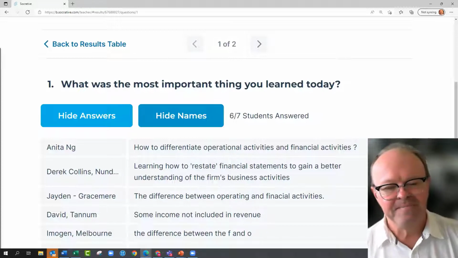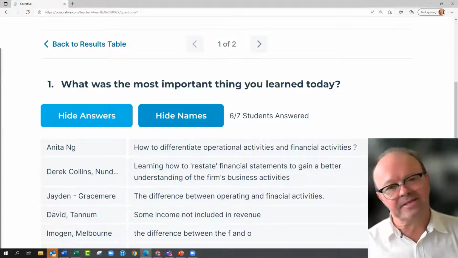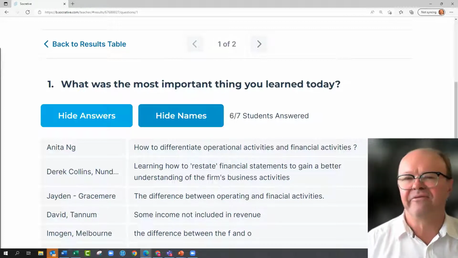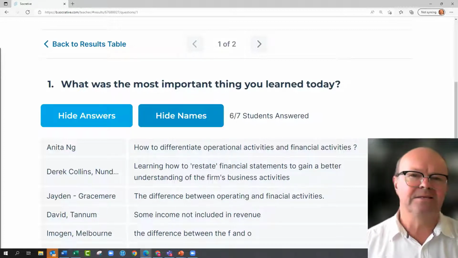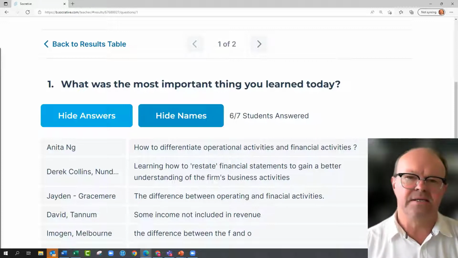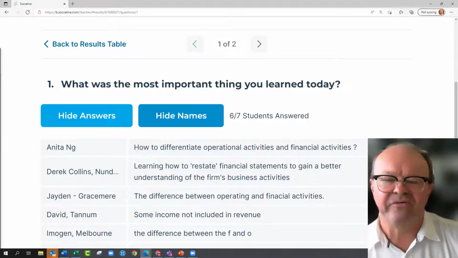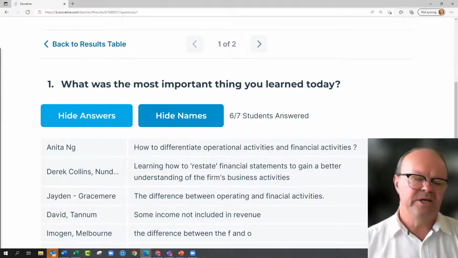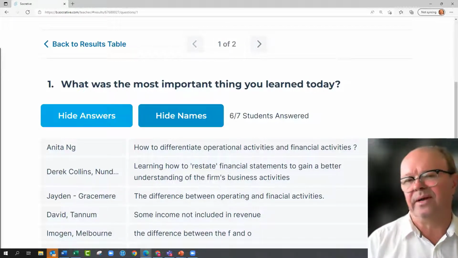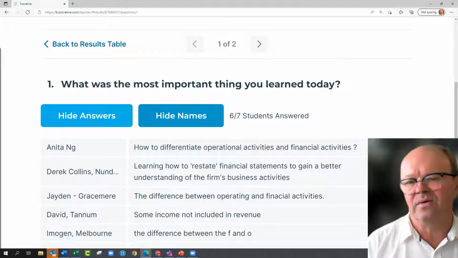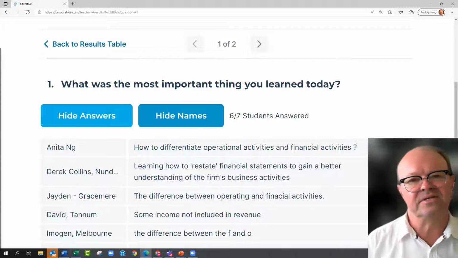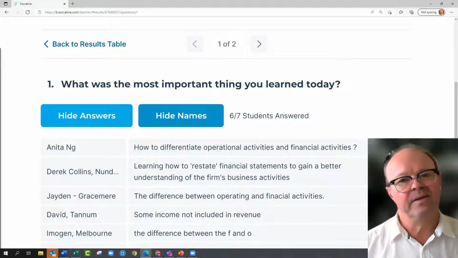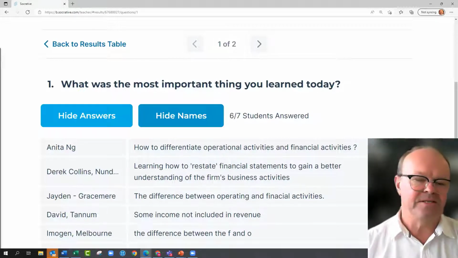Employees are a supplier, they're supplying labour. So that's operating, isn't it? If I've got a factory that's making things, I'm transforming things I've got from suppliers so I can sell them to customers, that's operating. So a lot of things are operating, but the financial is where we interact with the equity investors and financial investors. If it's something to do with borrowings, paying interest and so forth, that would be financial. Anyway, that's good. Thanks, Imogen.